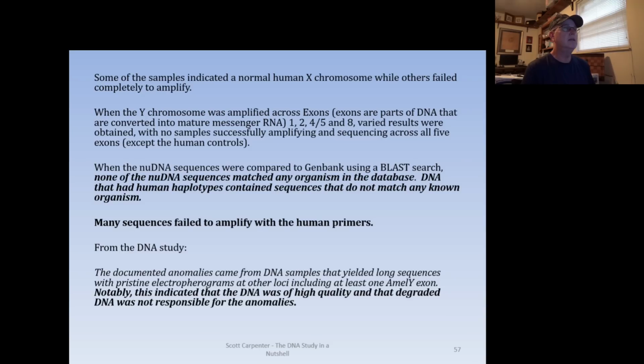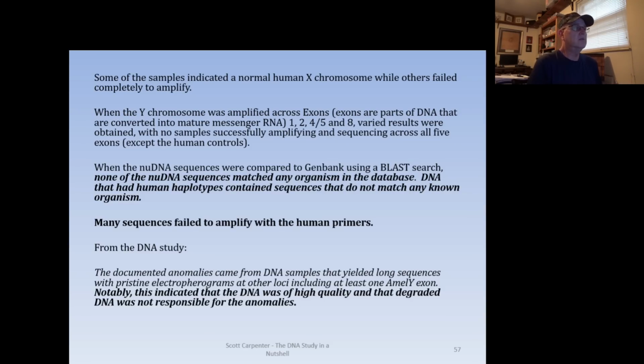When they did this BLAST search, none of the nuclear DNA sequences matched any organism in the database. This DNA had human haplotypes and amplified for that, but when they looked in GenBank, it didn't match any known organism.